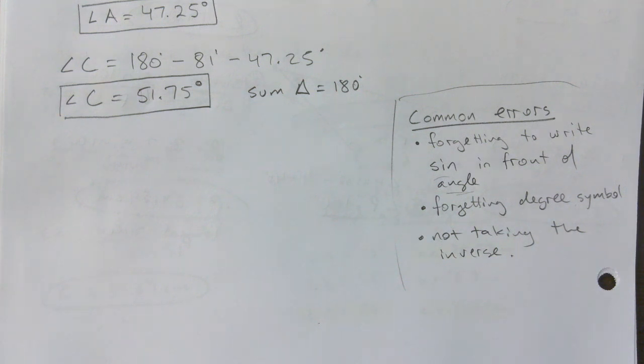So the back side, 264 that is, it's asking to calculate the measure of the indicated side and or angle. So now we're mixing it up a little bit.